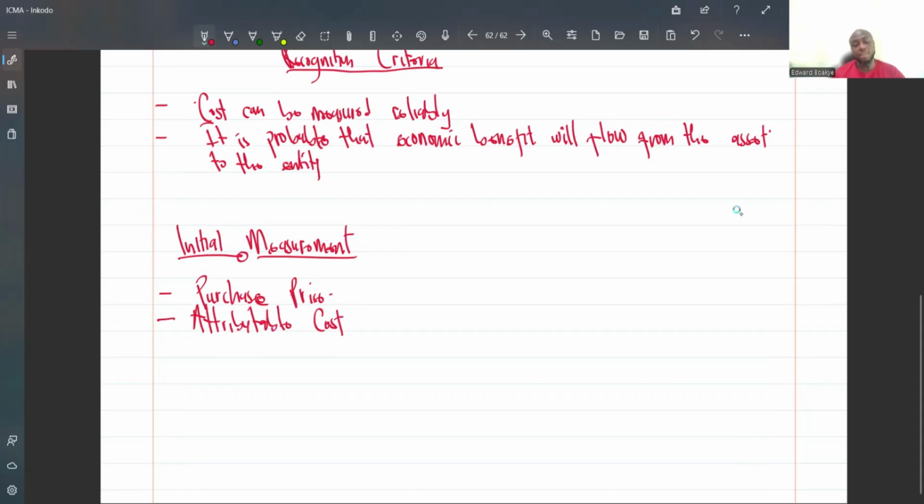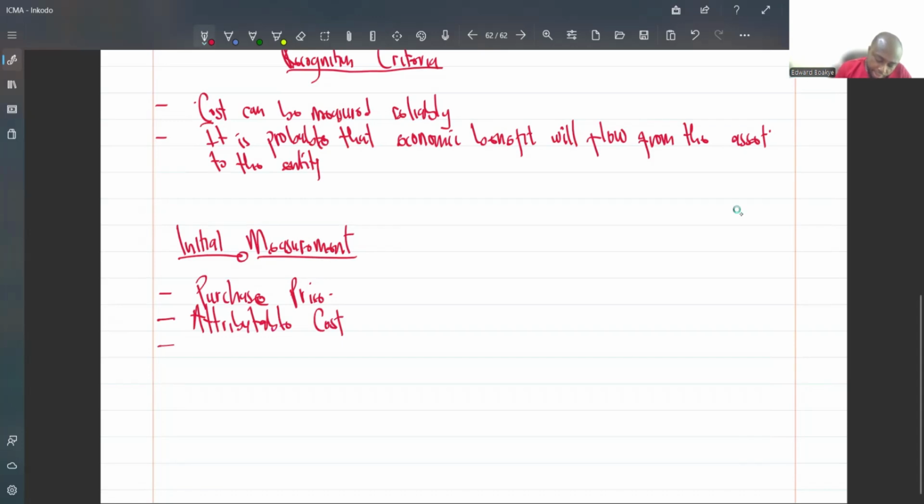You may even pay some taxes here and there. They are all attributable costs. But what we should know is that these attributable costs should be linked to the asset, meaning if not for the purchase of the asset, you will not incur those costs. So that's why we call it attributable, traceable to the purchase.